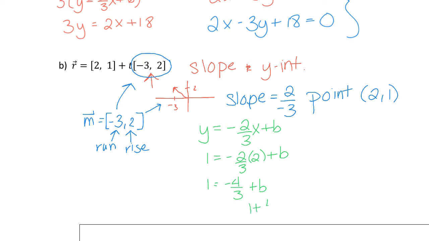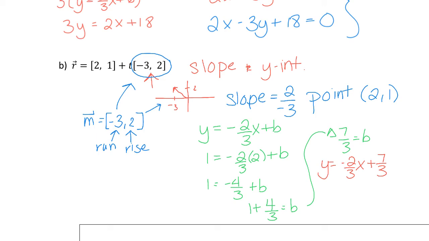So 1 plus 4 over 3 is equal to b. So I'm going to have 7 over 3 is equal to b. So now I have the line y is equal to -2 over 3x plus 7 over 3. And now all I need to do is make it that scalar equation.